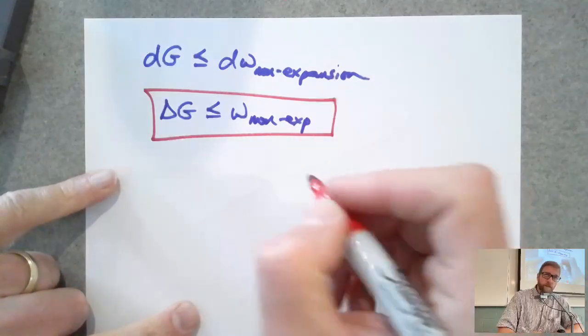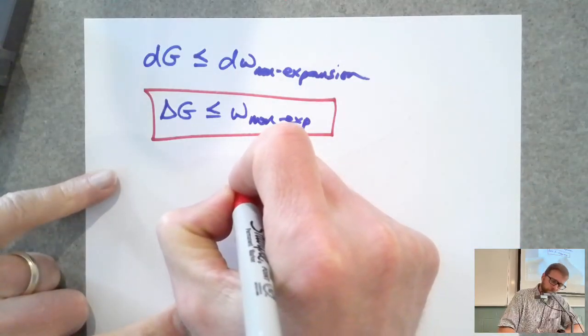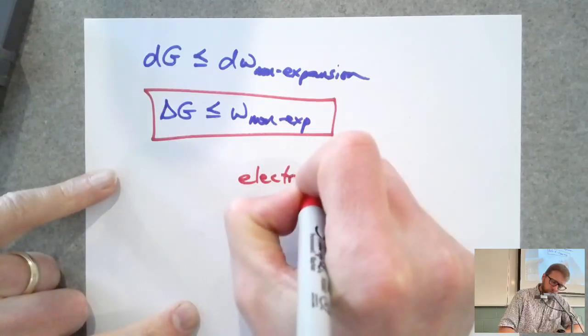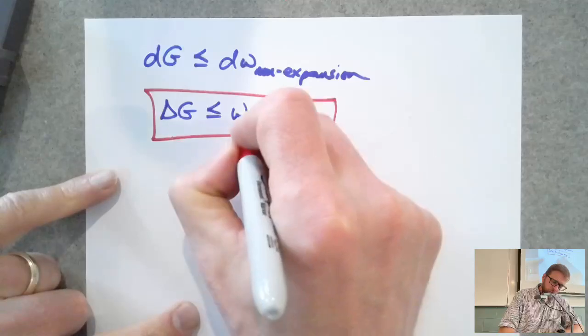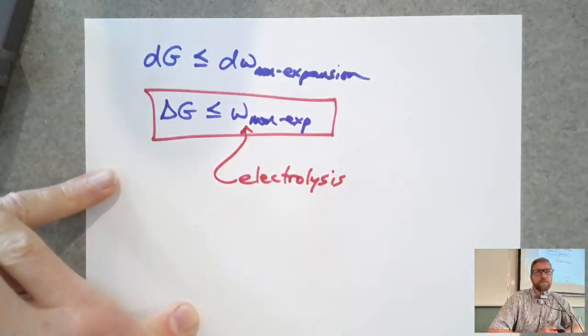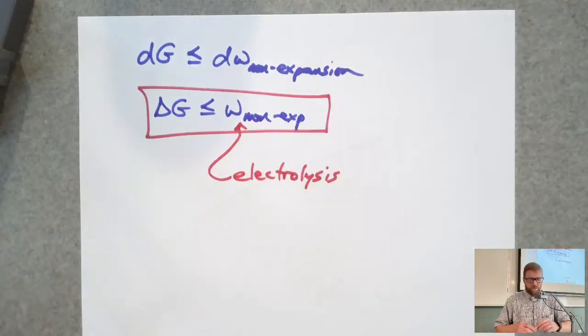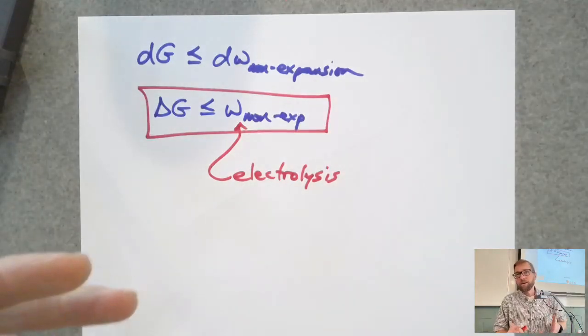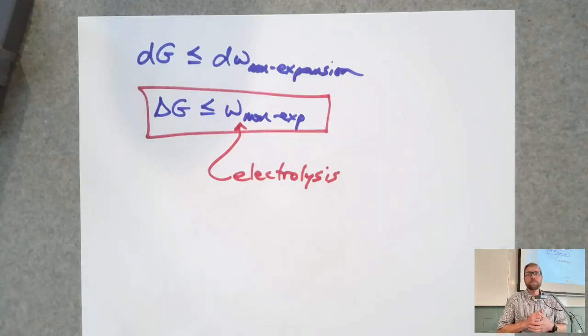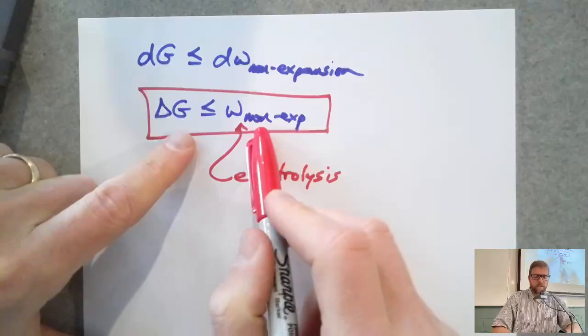So in the electrolysis of water, there's electrolysis work done, which changes the criterion for spontaneity. Okay, so you're right. If we didn't do that work, it wouldn't happen. But this is the inequality that must hold.